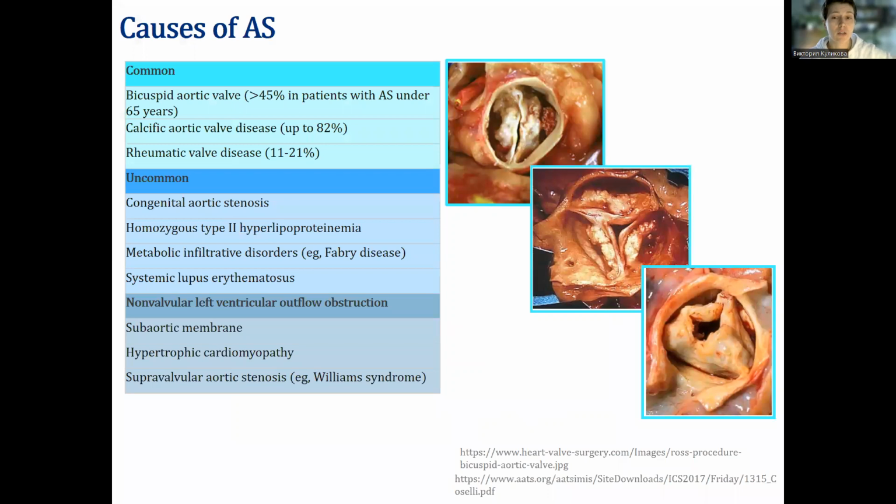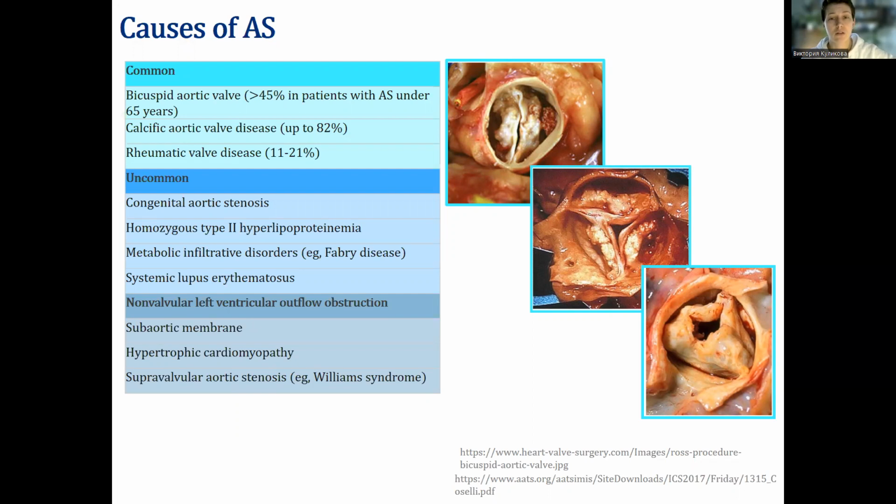The most common causes of aortic stenosis are bicuspid aortic valve, which accounts for more than 45% of patients with aortic stenosis under 65 years, calcification of the aortic valve, up to 82% of the patients, and rheumatic nature, up to 25%.